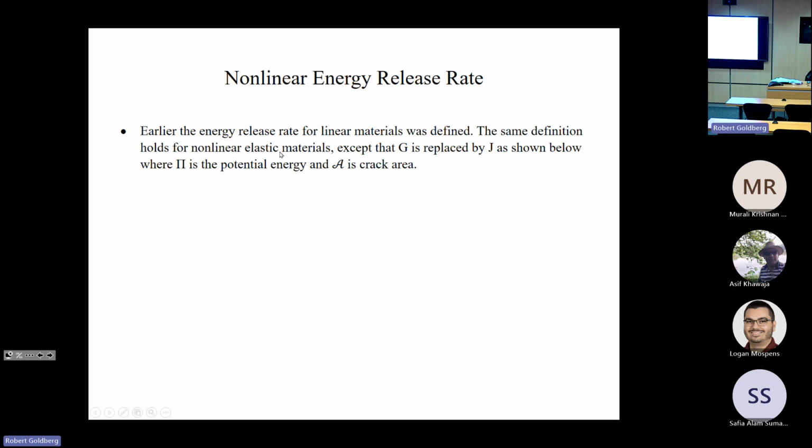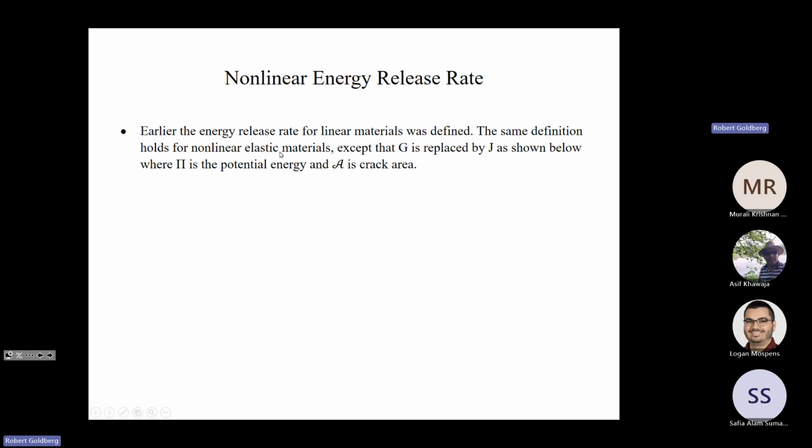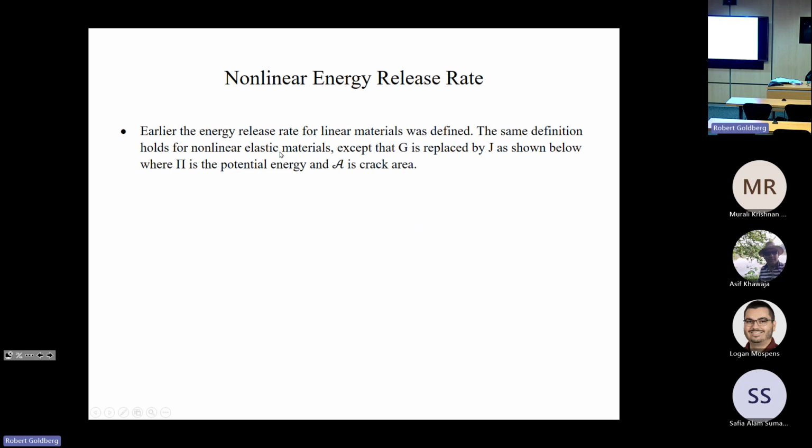So what we're going to do is take an idea that we talked about previously, when we talked about the energy release rate for linear materials. Instead of the linear energy release rate G, we're going to say the nonlinear energy release rate J is equal to the negative of the derivative of the potential energy with respect to the crack area.